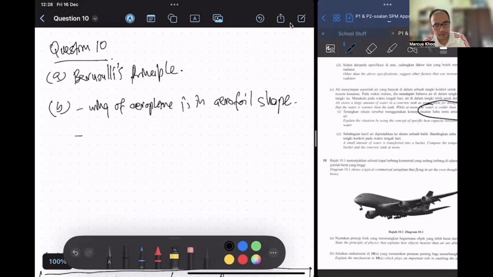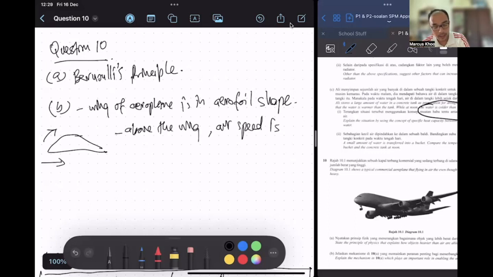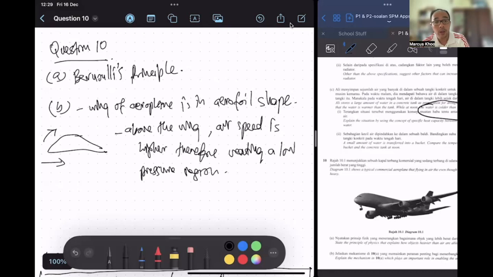Above the wing, air speed is higher, therefore creating a low pressure region.